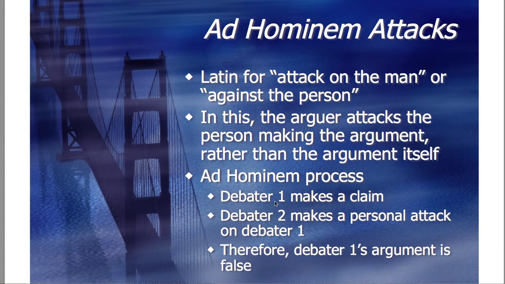And rather than having the second person attack that argument and make an argument that it's not stricter gun control laws that we need, maybe we just need to reinforce the gun control laws that do exist, or maybe what we need is better mental health care, or there could be a lot of other things that they could say to counter the first person's statement, instead this second person just attacks the first debater and says something like you're an idiot and you have no idea what kind of laws we need or don't need because you have very little experience with firearms.